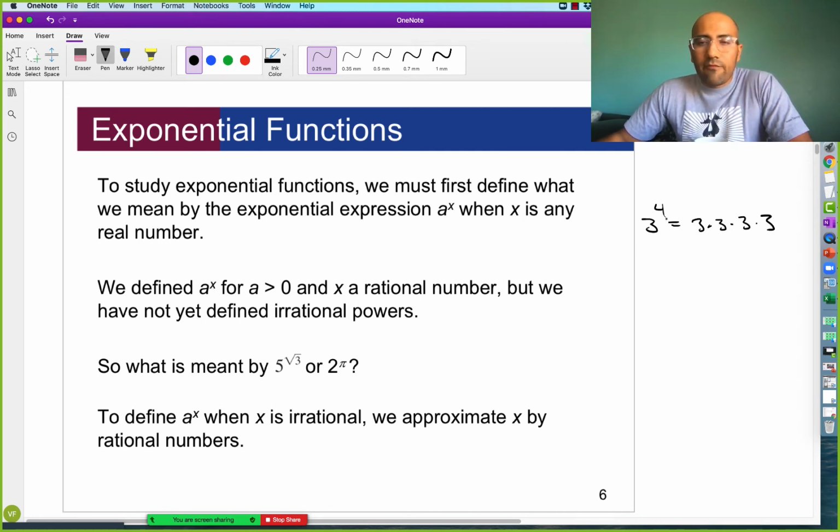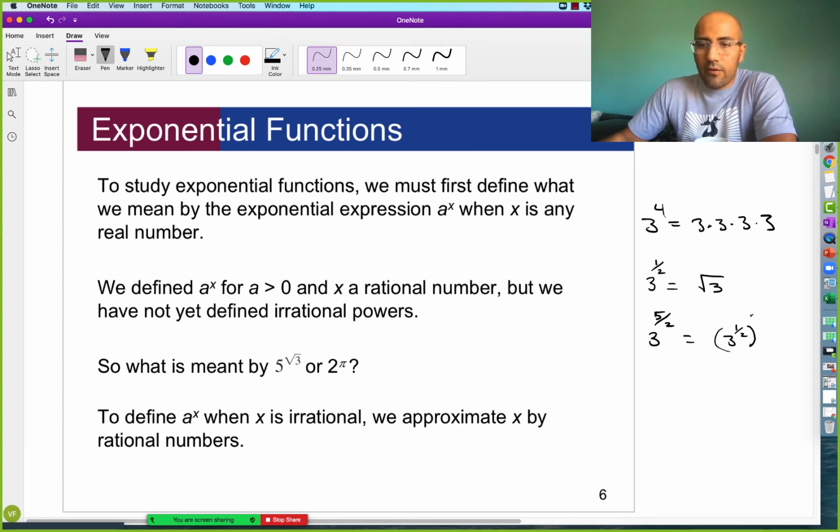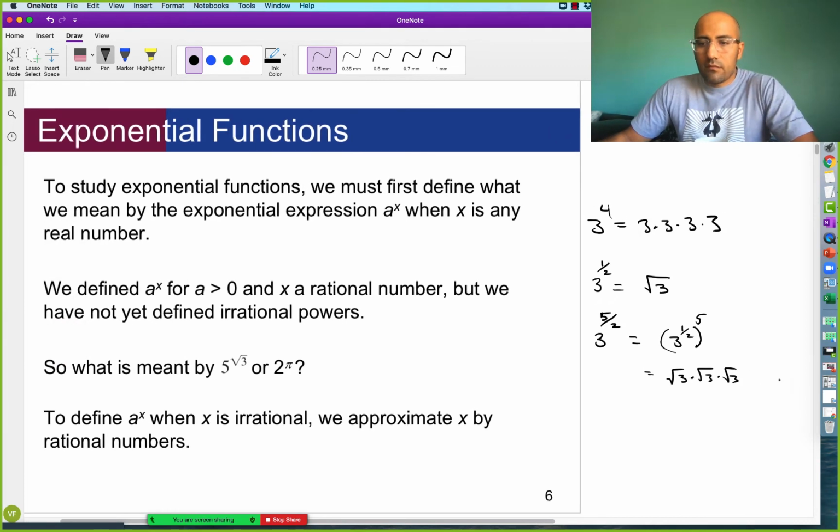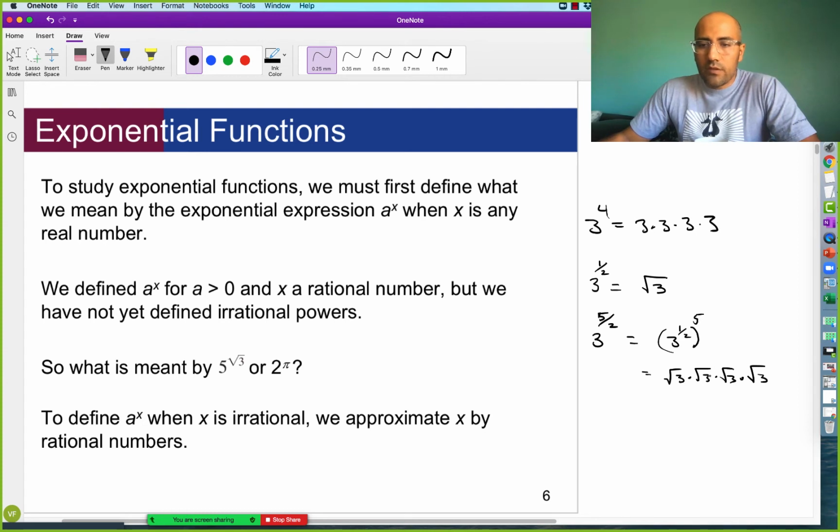And if we have a fractional power, like we saw, 3 raised to the 5 seconds is the same thing as 3 to the 1/2 raised to the 5th power, which means root 3 times root 3 times root 3 times root 3 times root 3, five times. It's one way of visualizing it.